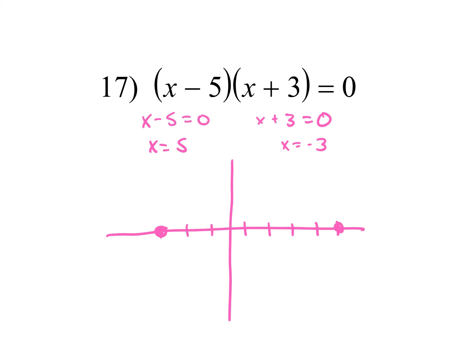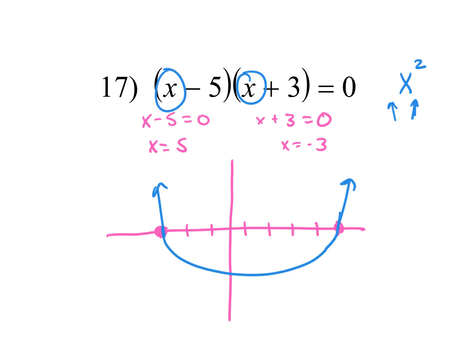How many x's do I have? 2. Do either of those x's in the question have a negative in front of it? So it's a positive x squared graph. So what's the end behavior going to be? Up and up. Because it's positive, the right one goes up, and it's even, so they go in the same direction. So up and up. And then just connect the dots.